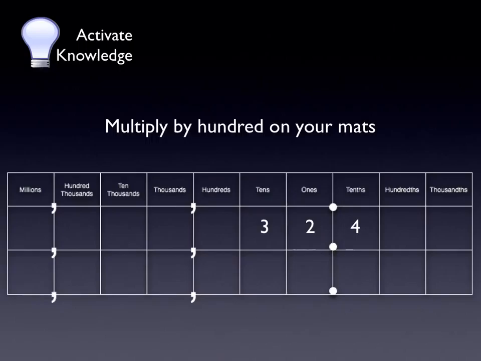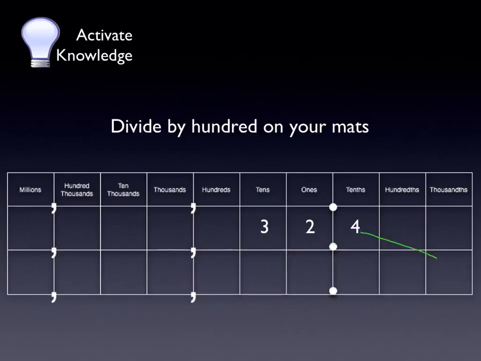If we want to multiply by 100, we're going to move 2 places. We'll need to add a 0 for the placeholder, and our number now becomes 3,240. Dividing by 100 is going to move us 2 place values to the right.